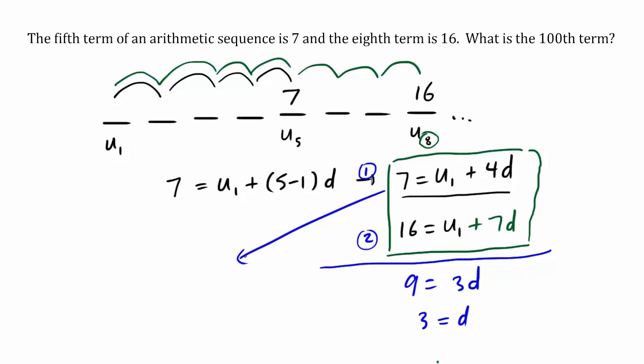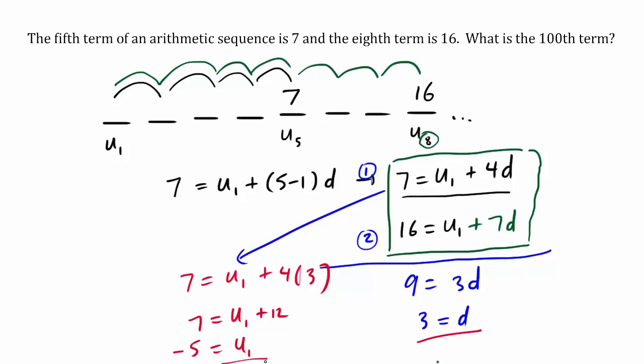What we have is 7 equals U1 plus 4D, and D happens to be 3. 4 times 3 is 12. So finally, U1 is equal to 7 minus 12, which is negative 5. So this is another approach to finding the D value and the U1 value, which helps us solve the 100th term in this question.